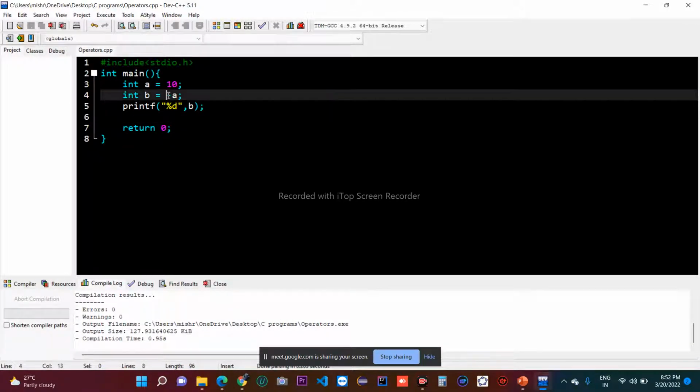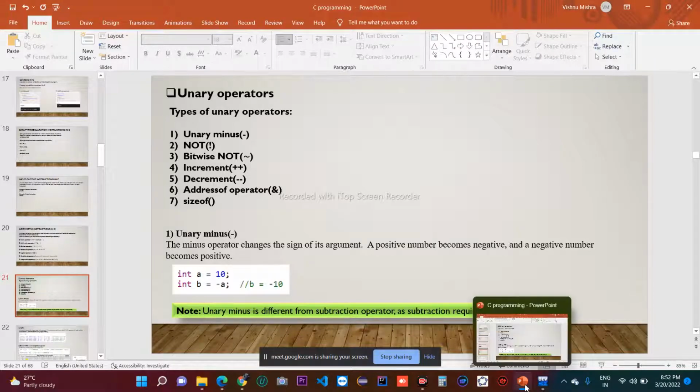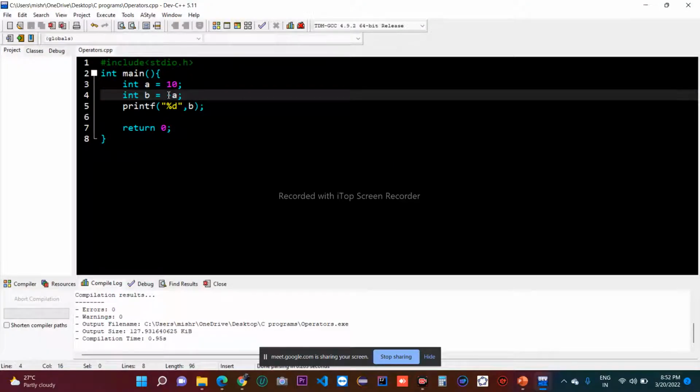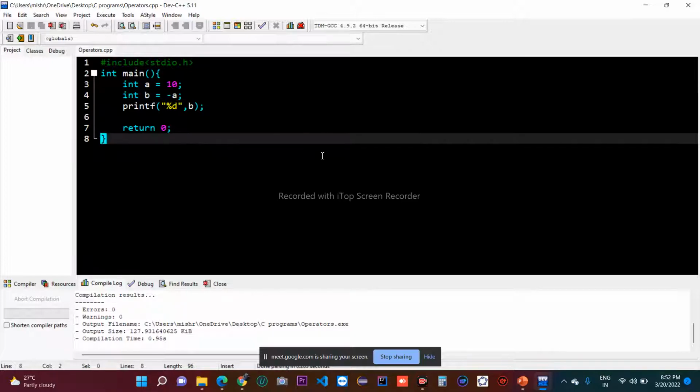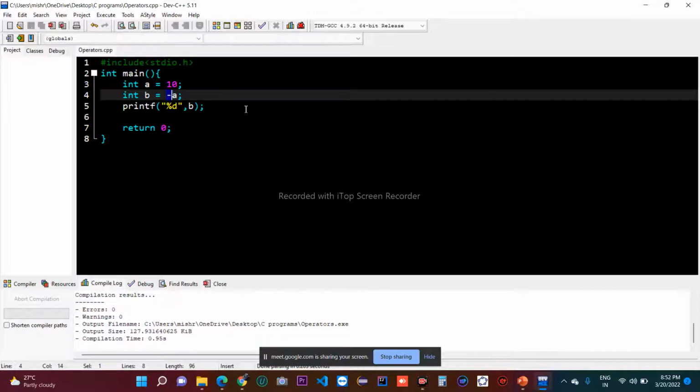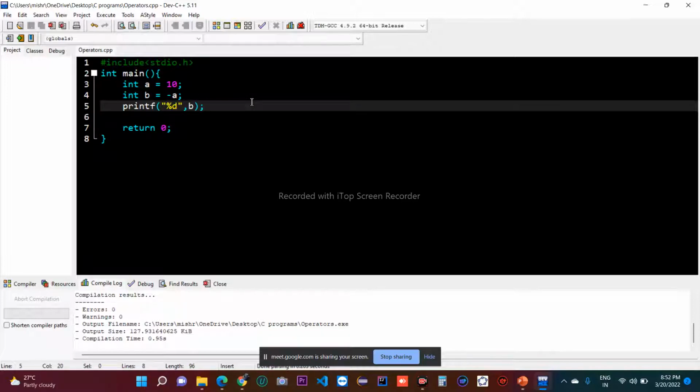Okay, so see, we have used a minus operator. This is a unary minus operator. And why is it called unary? What is the meaning of unary? Unary operator is so called because these types of operators need only one operand to work on. For example, if you are writing a plus b, then plus is an operator, and a and b are called operands.